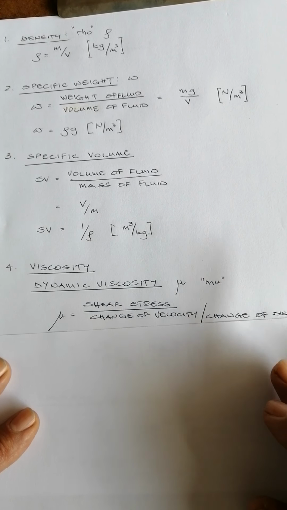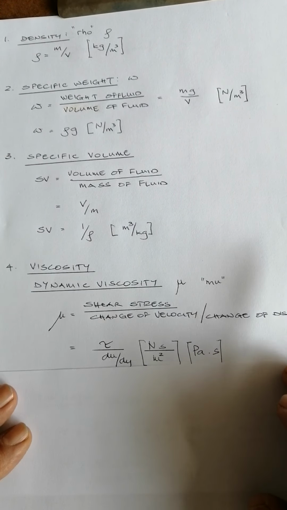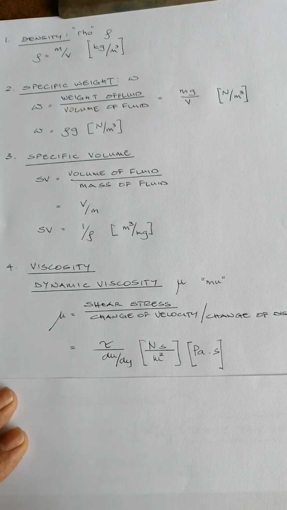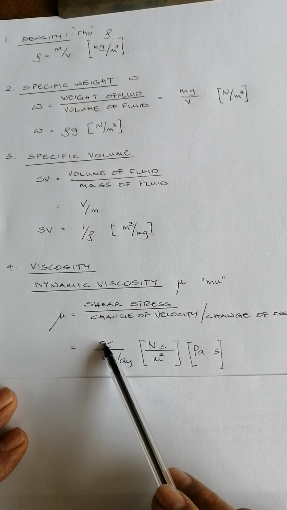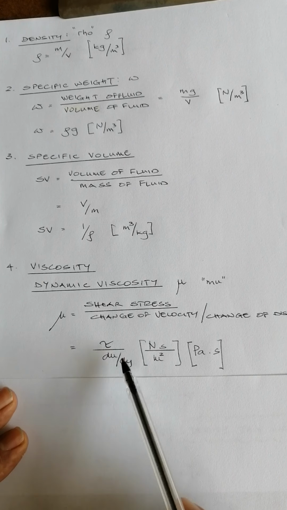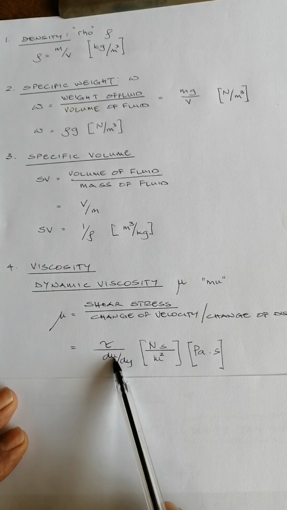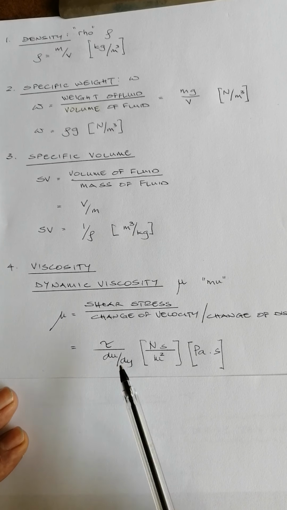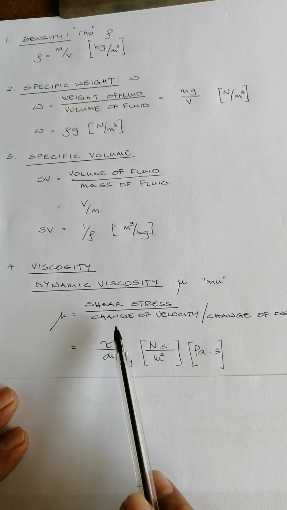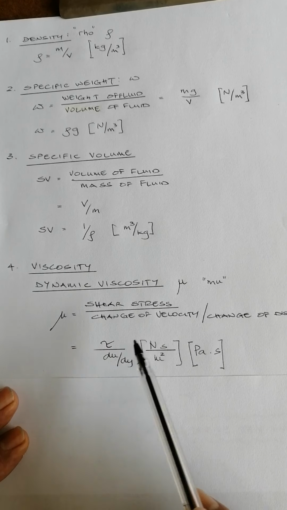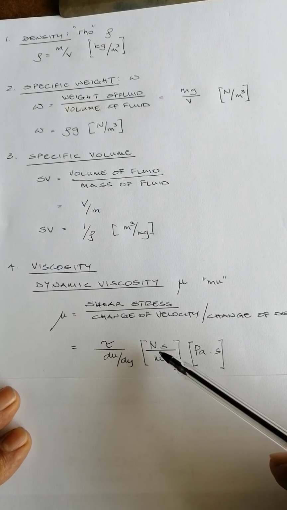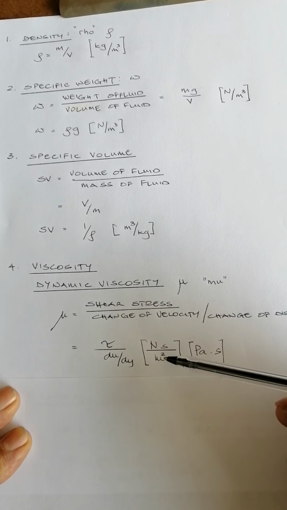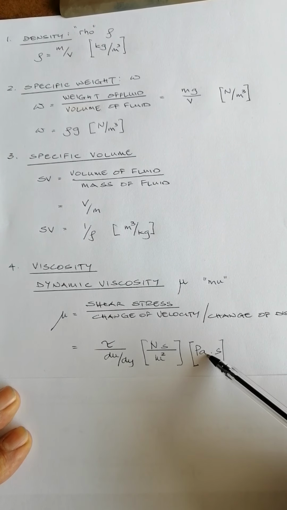So if we put that into an equation, we simply say that your dynamic viscosity is equal to your shear stress, which is tau, divided by your change in velocity divided by your change in distance. The unit for shear stress, or the unit for stress, is newtons per square meter, which is your Pascal.